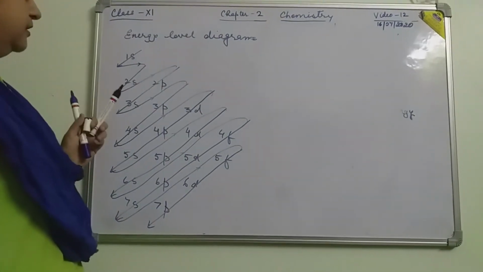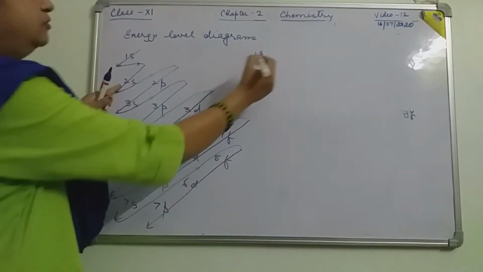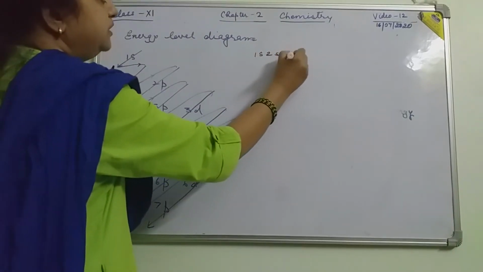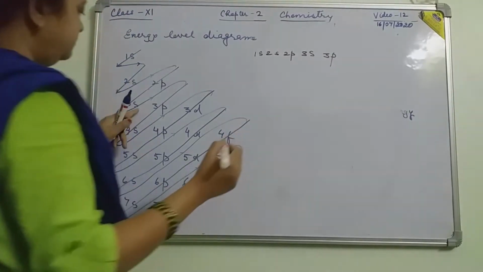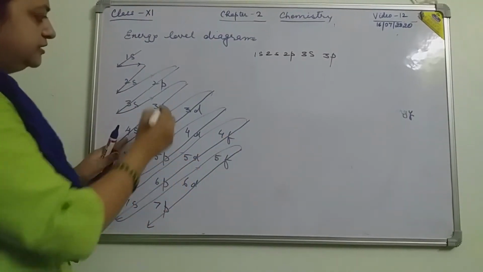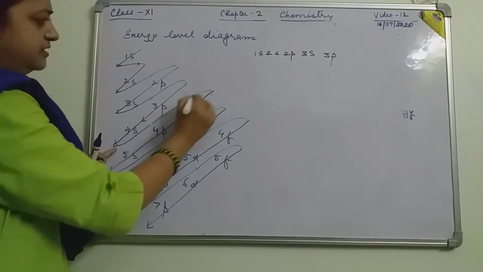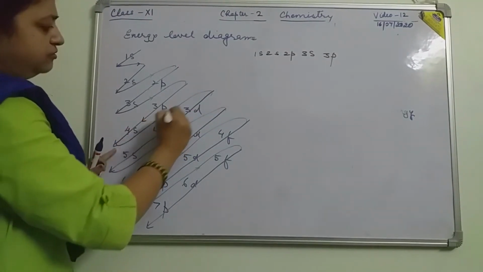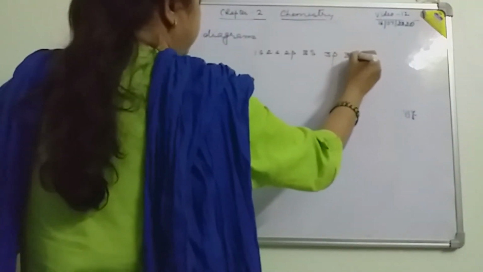You can write the energy levels like this: 1s, then 2s, 2p, 3s, 3p, then 4s, then 3d. This arrow is going towards the 3d, so it is 3d.